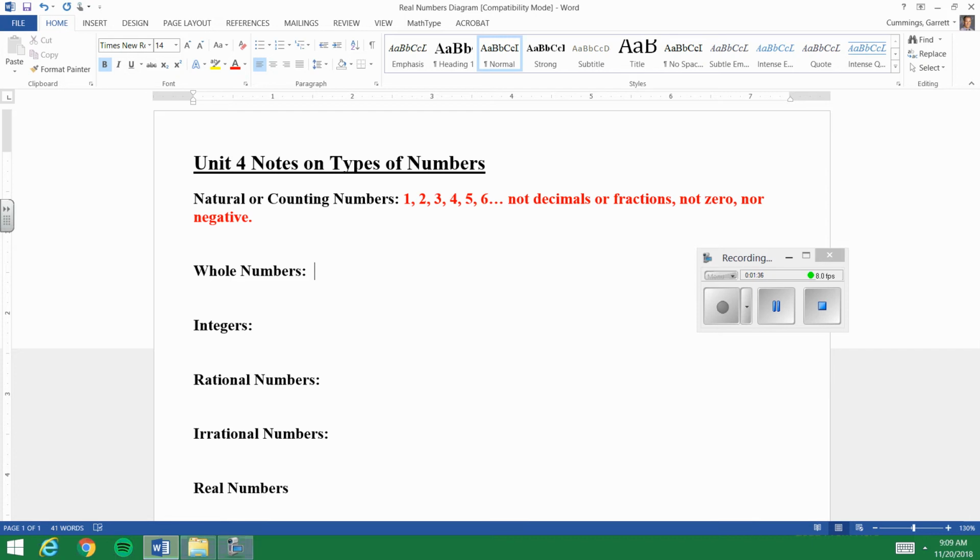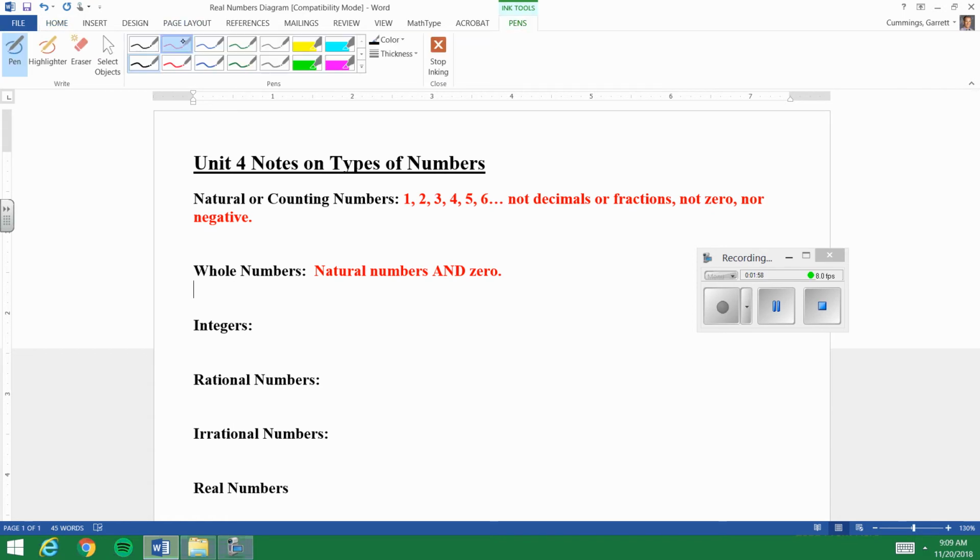The whole numbers are the natural numbers and 0. So the only number that is a whole number but not part of the natural set is 0 itself. Okay? I forgot this little symbol that you can write for your natural numbers if you want to grab a pen and write.